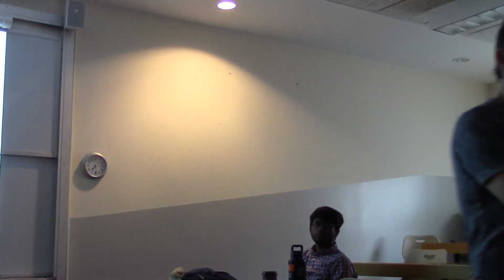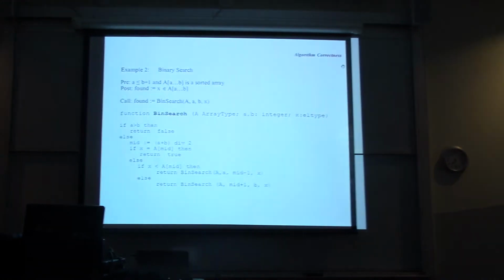If a is moving on top of 10, then 10 minus 10 is 0, plus 1, 1 element. And 10 minus 11 plus 1 is 0. So if a moves 1 to the right of b, then we have 0 elements.